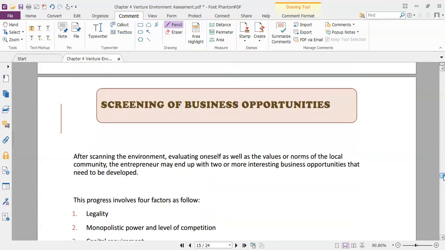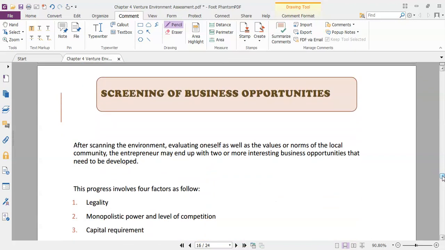And then after we screen the environment, we should screen the business opportunities. After scanning the environment, evaluating oneself as well as the values or norms of the local community, the entrepreneur may end up with two or more interesting business opportunities that need to be developed.